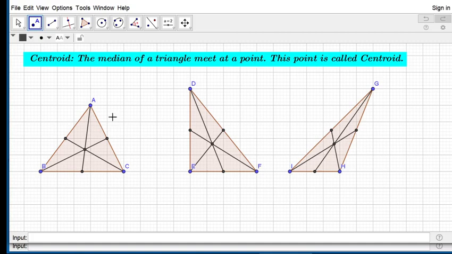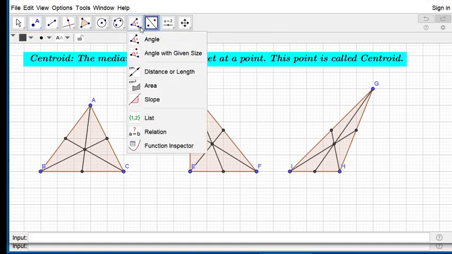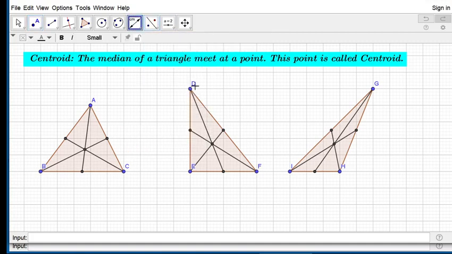And also we know that if we measure here, we can find the length from A to this point. It's 2.69 and to this point 1.34. So 1.34 to 2.69, in a 2 to 1 ratio it will divide. From here also you can find 3.59 and this is also 1.8, that's 18 to 36 nearly.